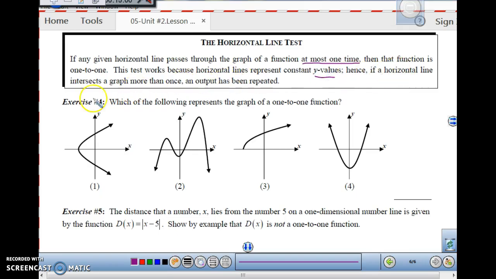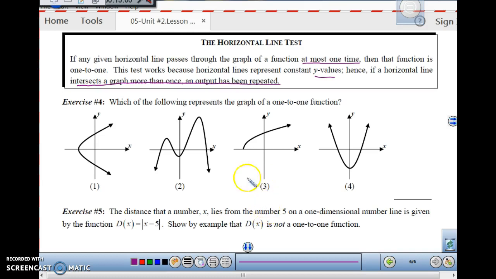Hence, if a horizontal line intersects a graph more than once, an output has been repeated. So, when you do a horizontal line test, you have to figure out whether or not it hits the graph more than once. If it hits the graph more than once, it is not one-to-one.